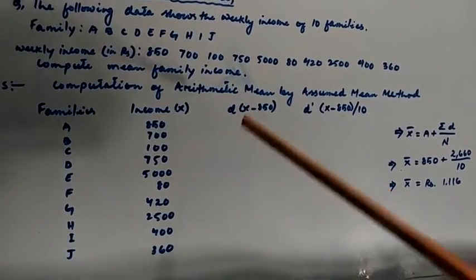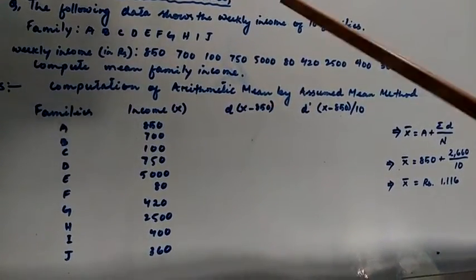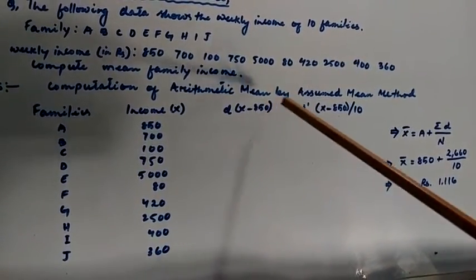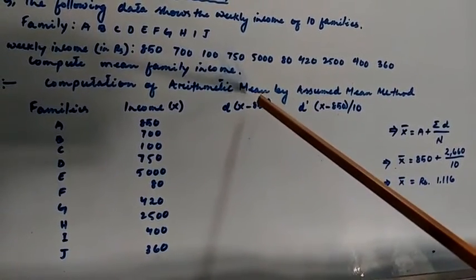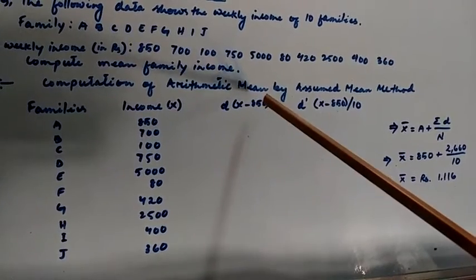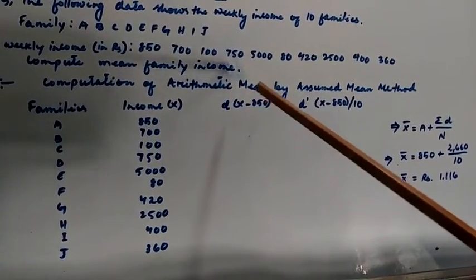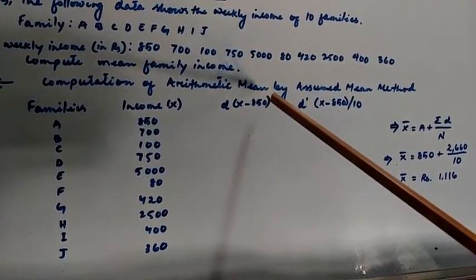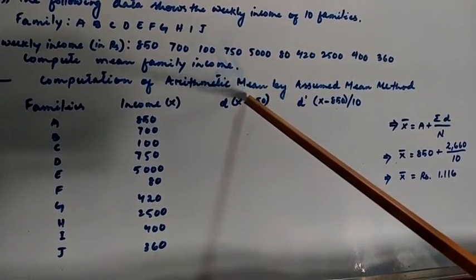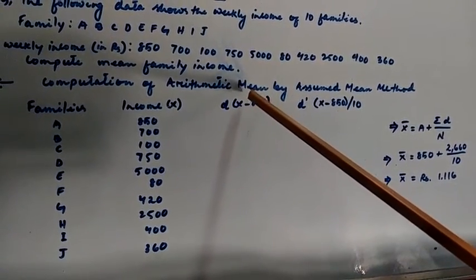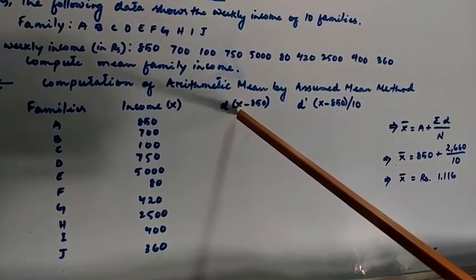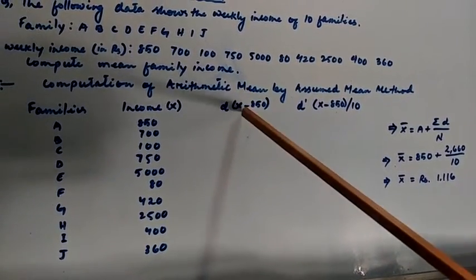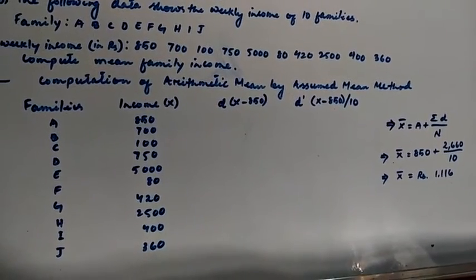We assume it by using our logic and our experience. Instead of calculating the arithmetic mean, we are taking 850 as our assumed mean. So to find out D, we subtract 850 from X, and what do we get here?